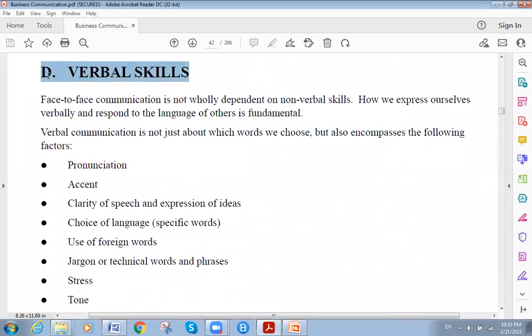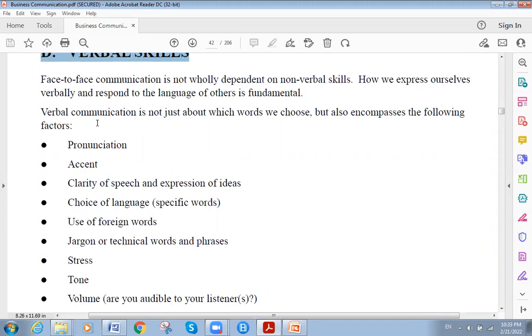Move now to the verbal skills. We'll move now to a new part, that is the verbal skills. So what about the verbal skills? Verbal communication is not just about the words we choose, but also encompasses the following factors.